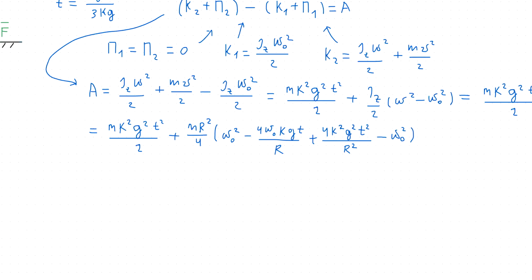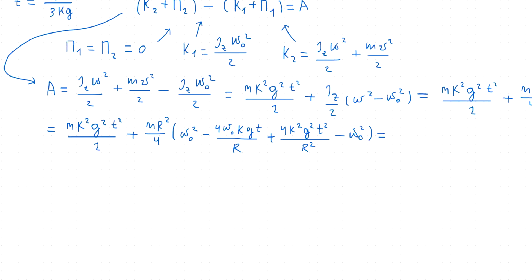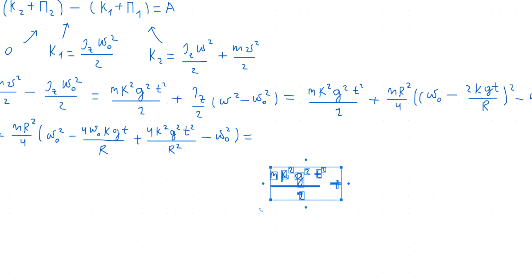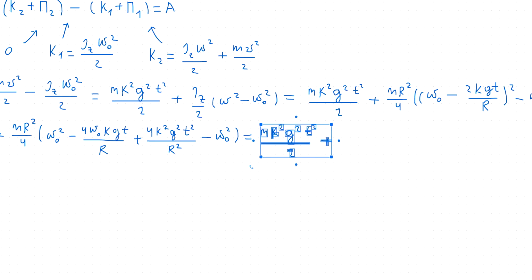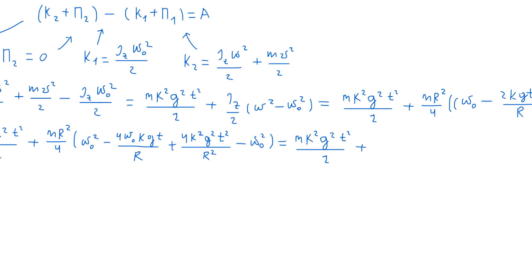Okay, and let's do further simplifying. Open brackets again. Open external brackets, and let's subtract omega 0 to the power of 2 from omega 0 to the power of 2. It will be 0.